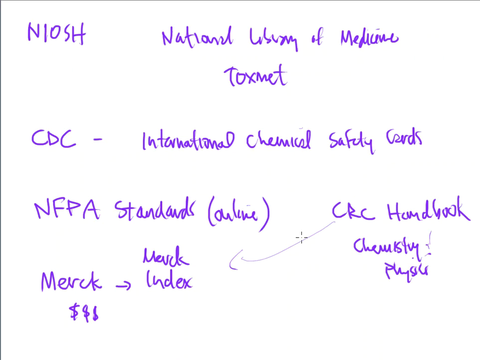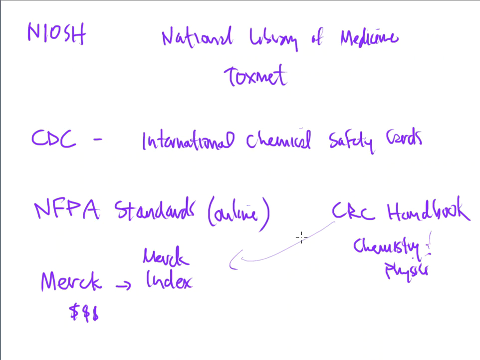Their employees needed different types of properties than what the Merck had, because the Merck was pharmaceutical based and the Chemical Rubber Company was industrial based, right? So they would be looking for other things that could not be found in the Merck, because they're not working for pharmaceuticals.